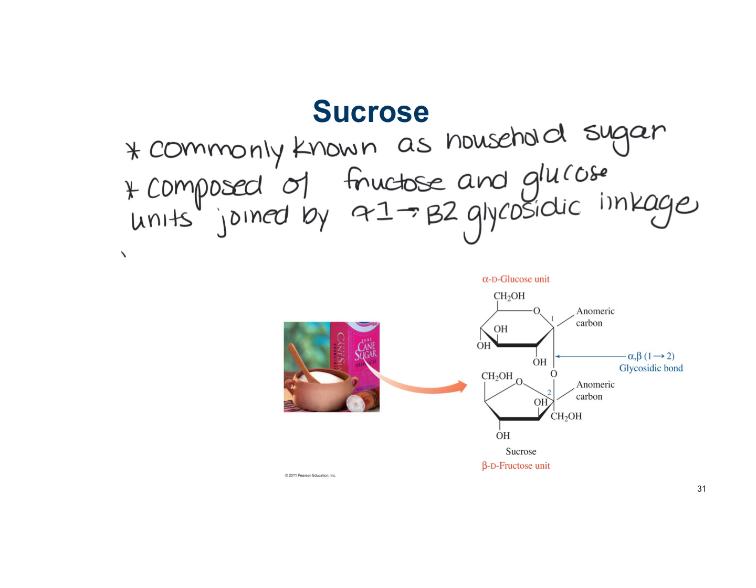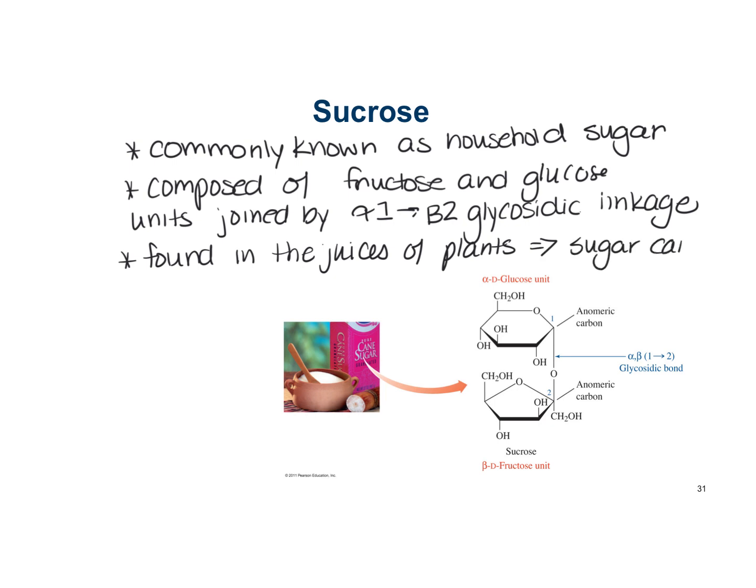Okay. It's found in the juices of plants, especially sugarcane and beet sugar. So in beets.